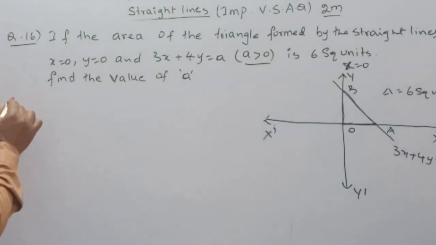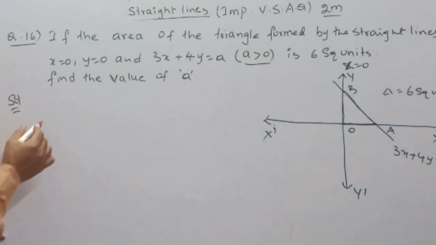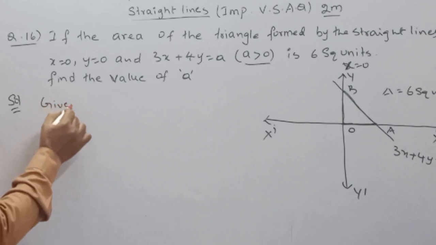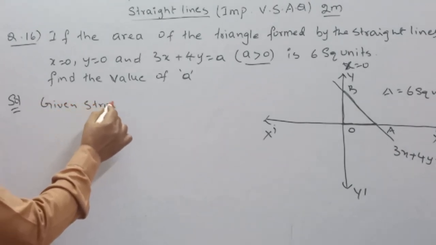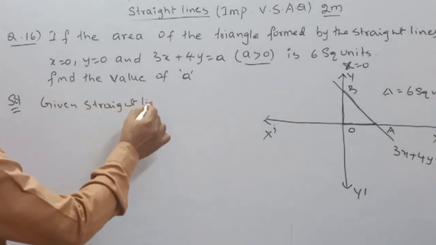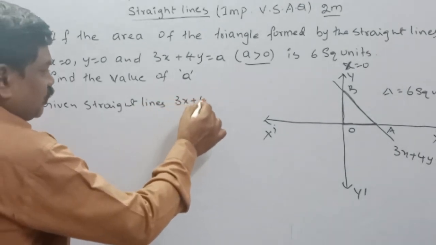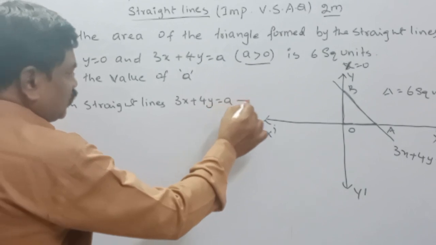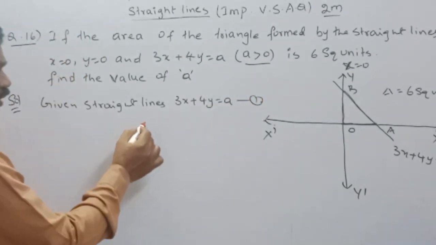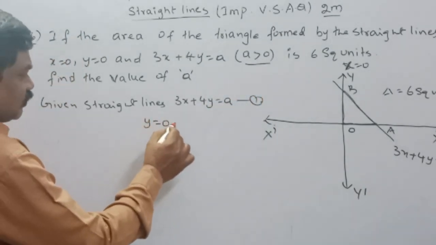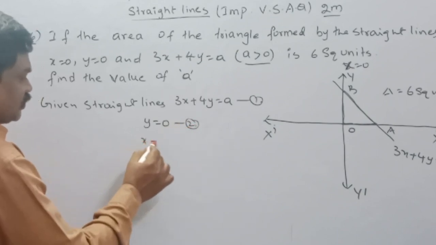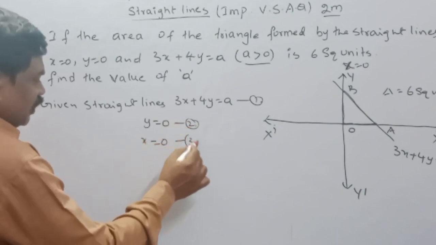Okay, first you have to write the given straight lines. What are the given lines? 3x plus 4y equals a, equation 1, y equals 0, equation 2, and x equals 0, equation 3.